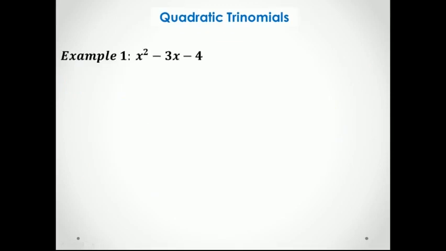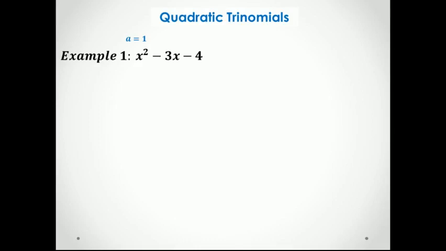Here we have an example: x squared minus 3x minus 4. The coefficient of x squared in this example is going to be 1. Since there is no number there, we know that the leading coefficient is 1.